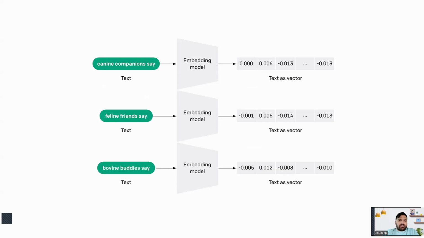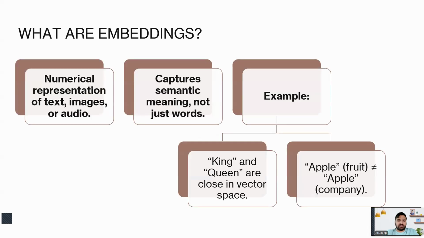Likewise, "feline friends say" is represented as another vector, and "bovine buddies say" is represented as a vector that is not similar to the above two, but eventually they are all mathematical vectors.